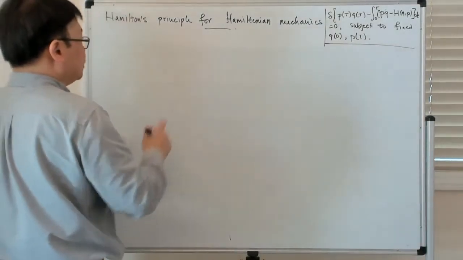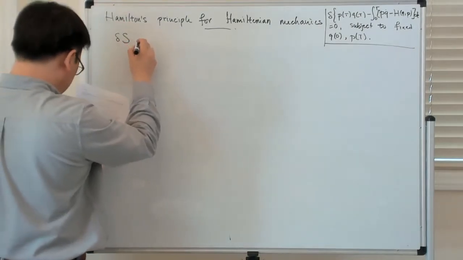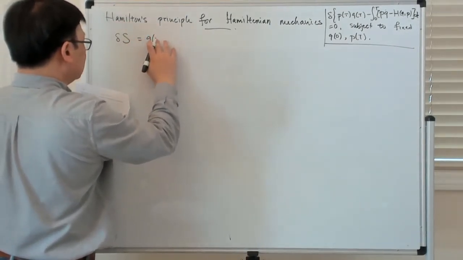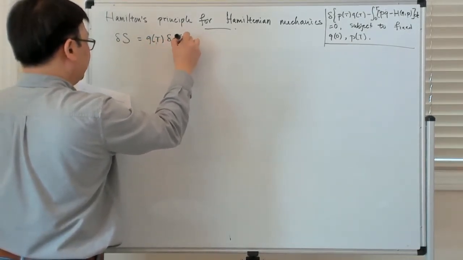Okay, all right. So you can compute that variation. So the variation of this S, let's call it, is equal to q at the final time times the variation of p at the final time, right?